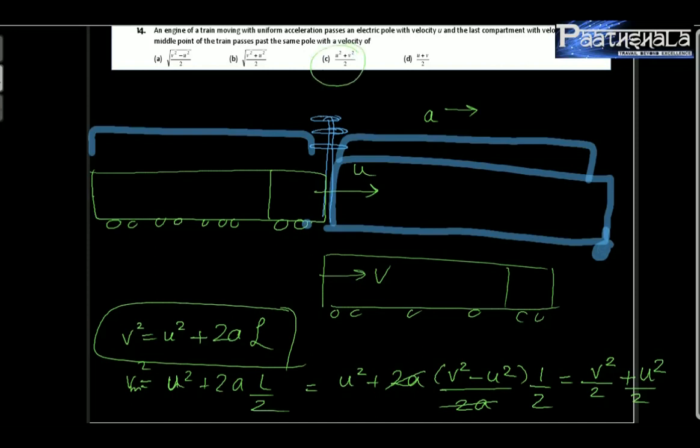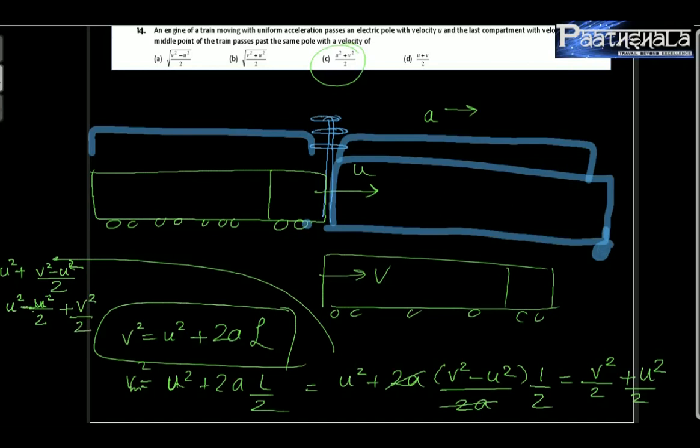So that is option C. How does it come out to be that? Because this is, I'll do it here, U square plus V square minus U square by 2, no? So this is equal to U square minus U square by 2, plus V square by 2.